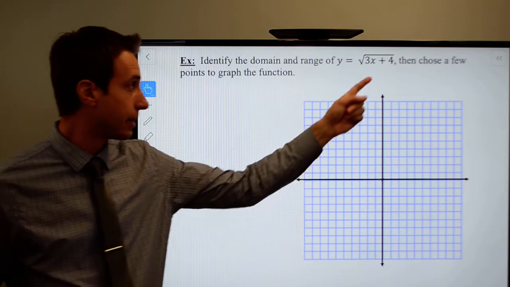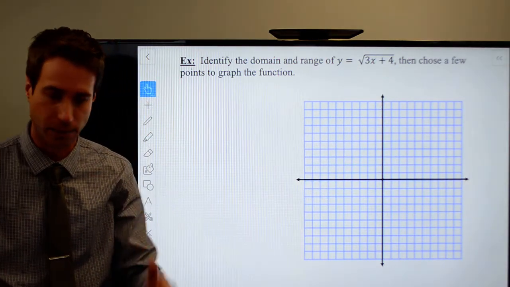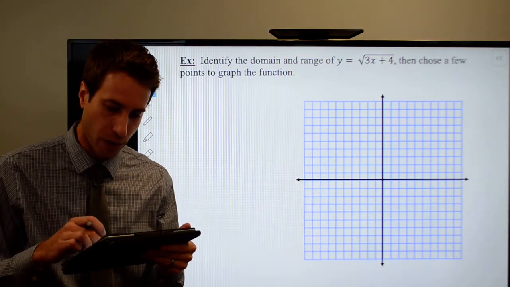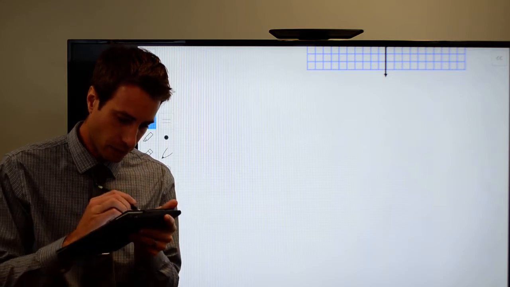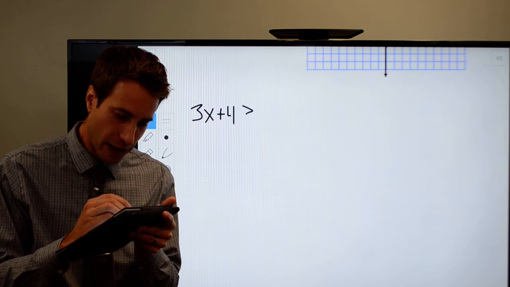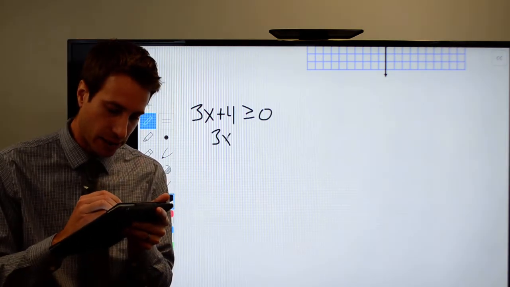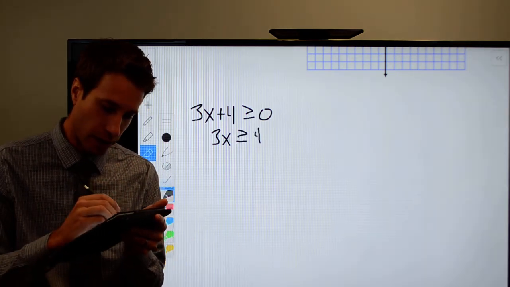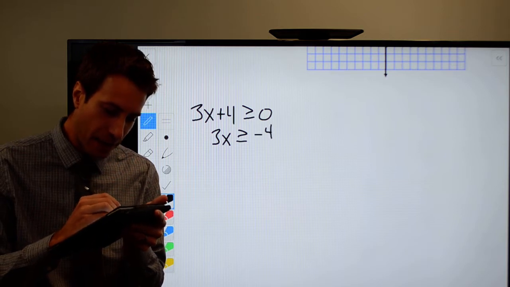So let me take my radicand, just what's under the square root symbol, and we set it greater than or equal to 0. So 3x plus 4 greater than or equal to 0, and I solve. 3x greater than or equal to negative 4, and divide by 3.